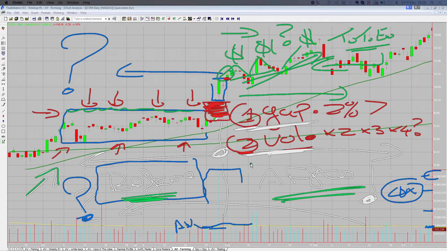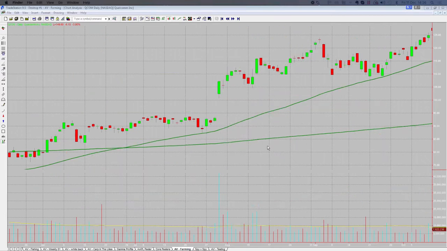It's going to require a visual inspection. But first of all, we've got two absolute bare minimum requirements. We've got a gap, we've got volume. Great. So I would refer to this as my mechanical scan. So mechanical, I need a gap, I need volume, and then a visual inspection.